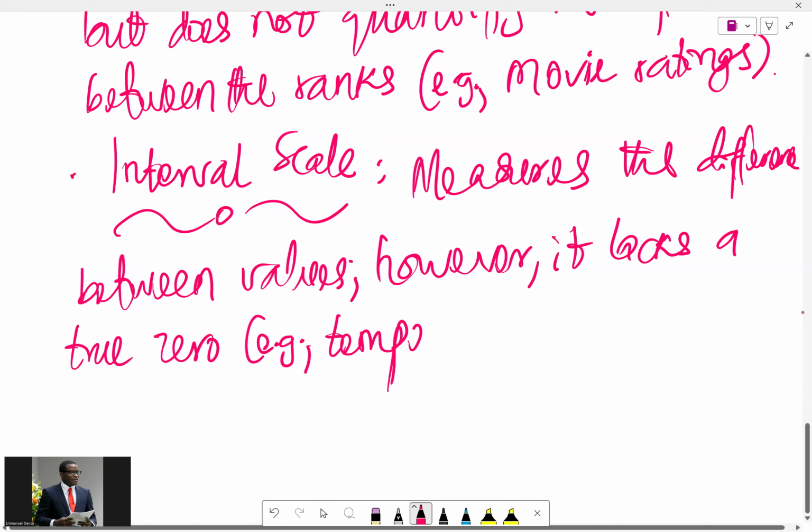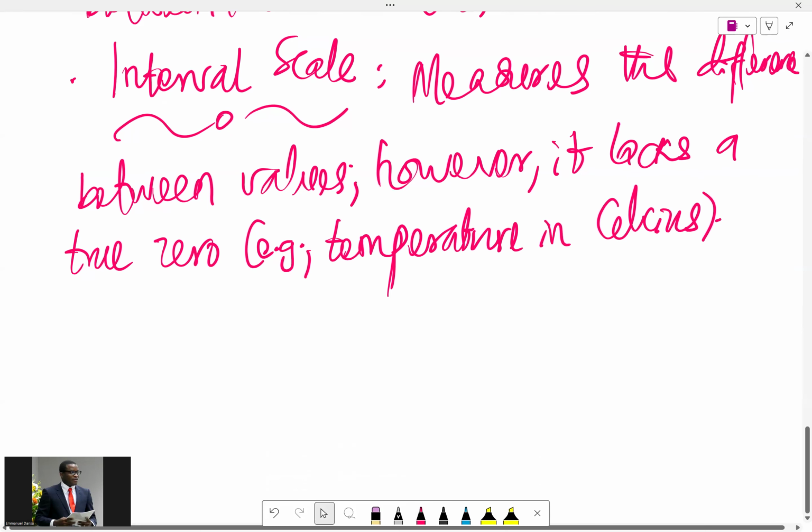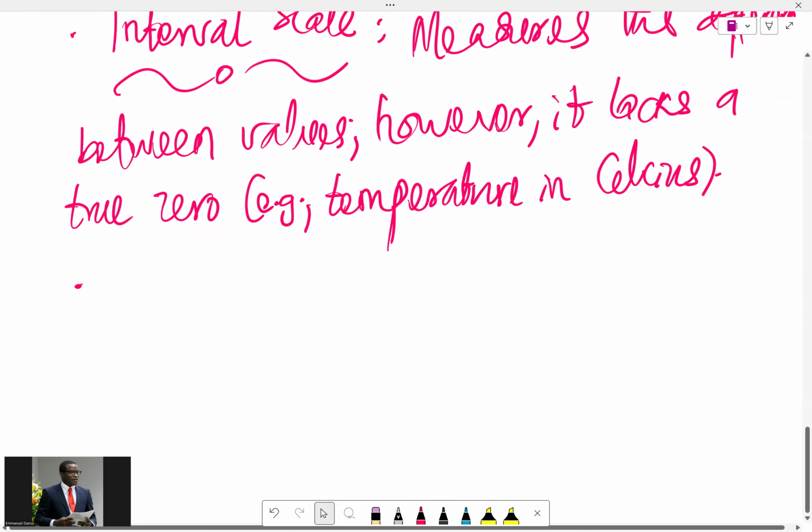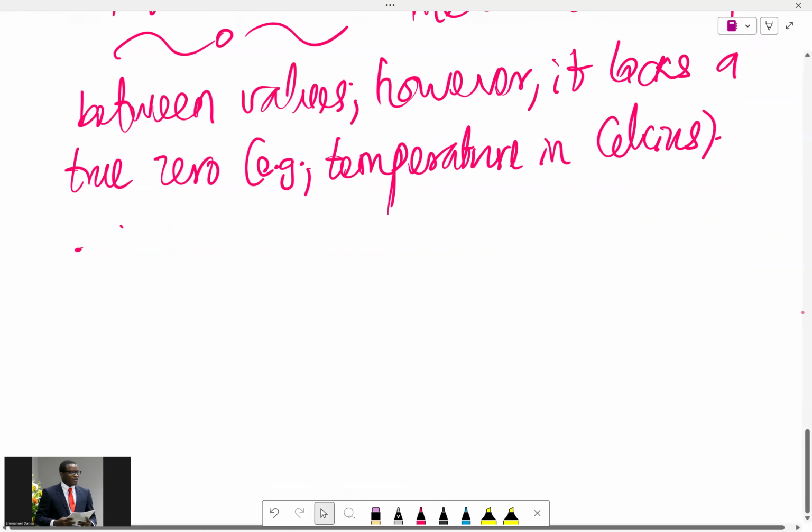But when you talk about temperature in Celsius, for instance, when you say something is at 0 degrees Celsius, it doesn't mean that thing does not exist. It only means that it is as cold as 0 degrees. That's different from when you say the length of something is 0 meters, which means it doesn't exist. So interval scale measures differences between values, but it lacks a true zero. The fact that it has zero doesn't mean that it has ceased to exist. The zero just shows degree here.